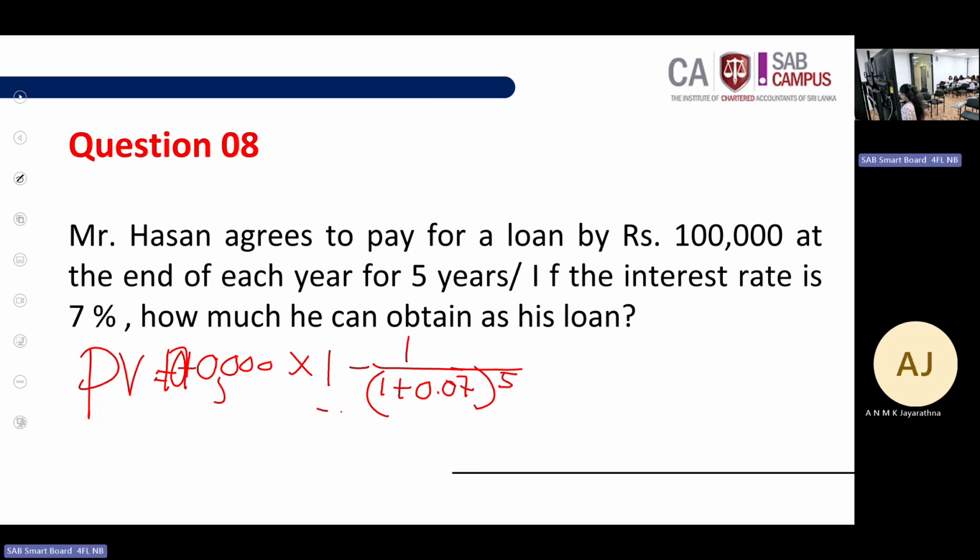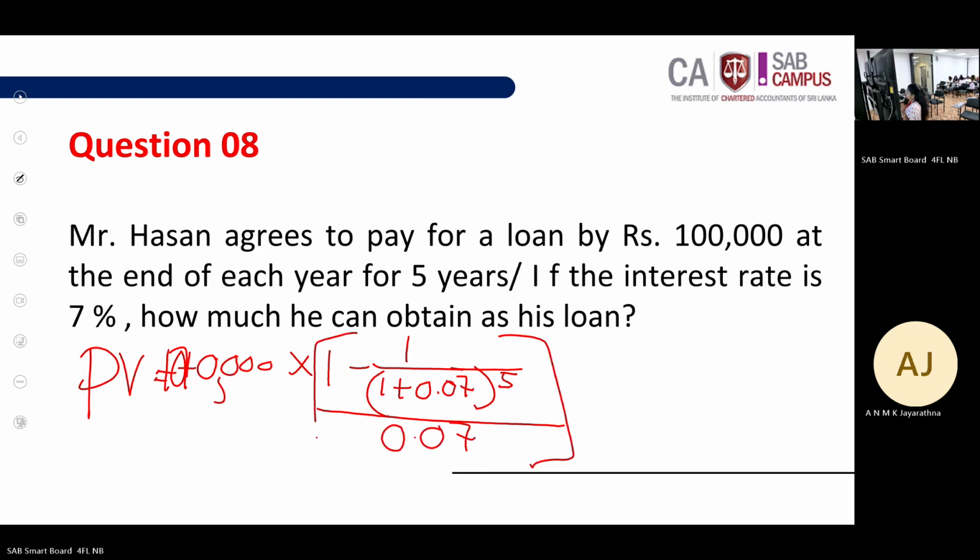That entire answer should be divided by 0.07. The answer is 410,000.